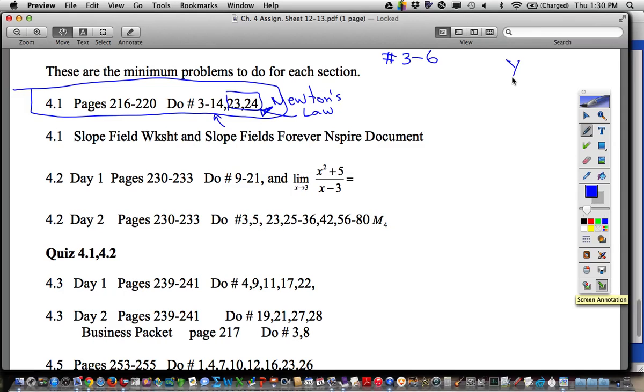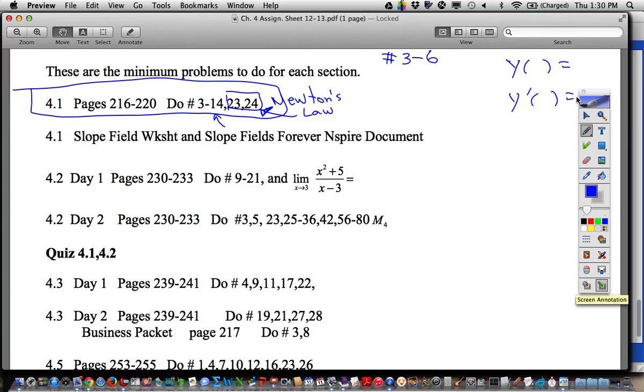Well, what do you need? You need a point and you need a slope. Think about these problems. You usually have an initial condition, so there's your point, and you have a differential equation which you can plug into to get the slope. So that's all you're doing on 3 through 6. What I would do is, if it says verify or show or whatever, I would just find the equation of tangent line and be done. All right? Good enough.